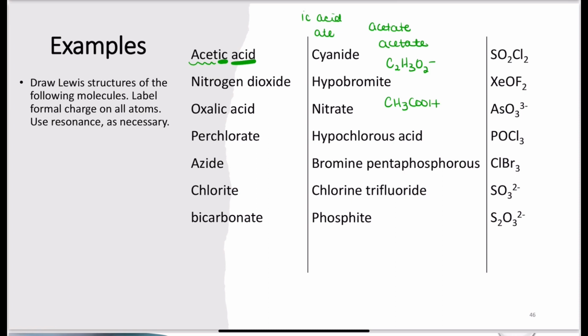Most of the time, we're going to write that proton at the front of the molecule, but acetic acid is what we call an oxyacid, where the hydrogen, or the H+, is bonded to an oxygen atom. How do I know that? Because if I have an acid and it has oxygens in it, the hydrogens are going to be bonded to the oxygen.